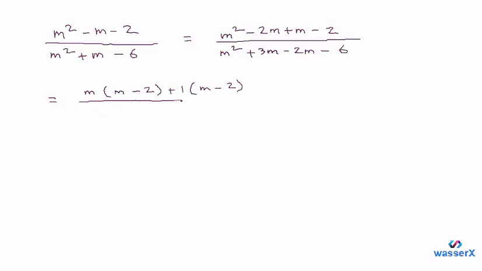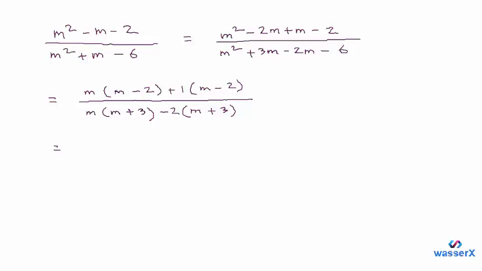On the bottom, common factor between these two is m. So we have m times m plus 3. And then common factor between these two is negative 2. So we have m plus 3, because negative 2 times positive 3 is negative 6.